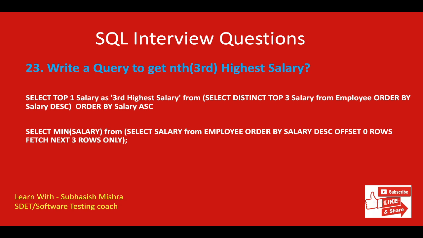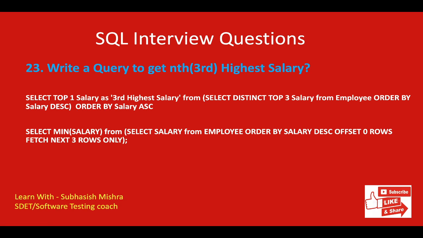We'll find only the distinct top three salaries from the employee table, and first it will order by descending. So whatever is the highest, for example 40,000 is the highest, then 35, 33, I'm just giving some example. So it will be in that order from top to bottom. Then this query will give you, for example, 45, 30, 35.